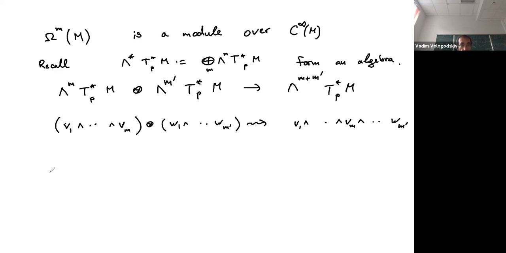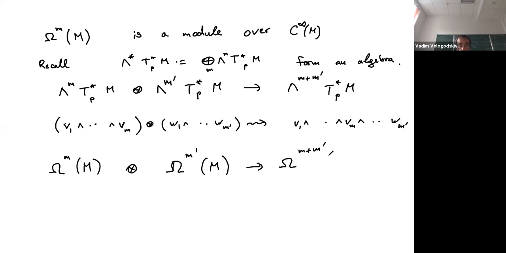So if I have two forms, one of degree m, and I have another form, say of degree m prime, I can apply this operation pointwise, right, for every point P, and get a form of degree m plus m prime.